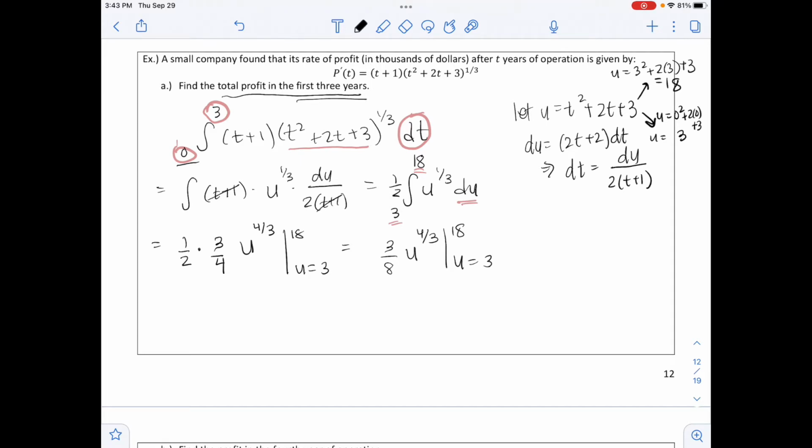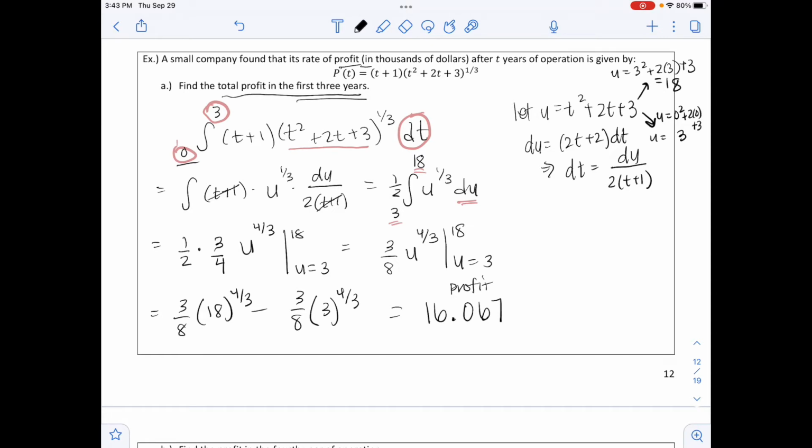So substituting in 18, we get 3/8 times 18 to the 4/3, minus 3/8 times 3 to the 4/3, and you can substitute that in on your calculator, and you get 16.067, and this is going to be our profit.